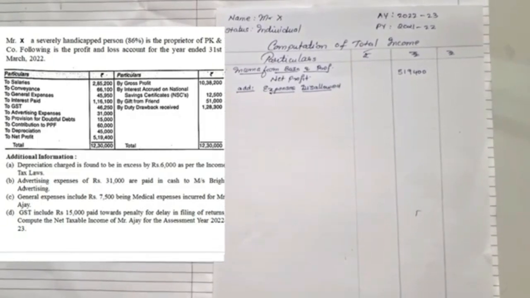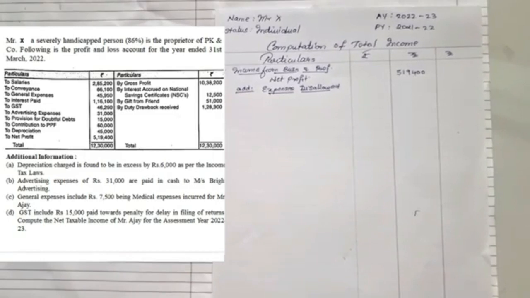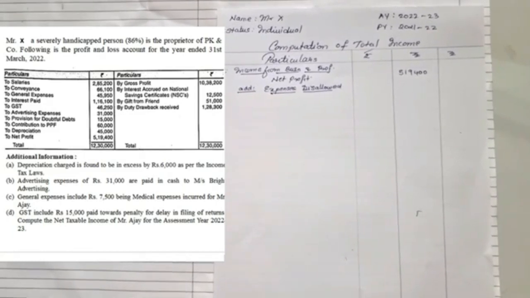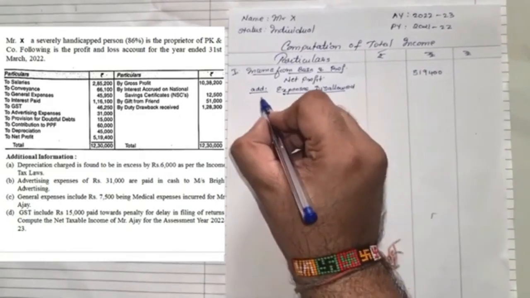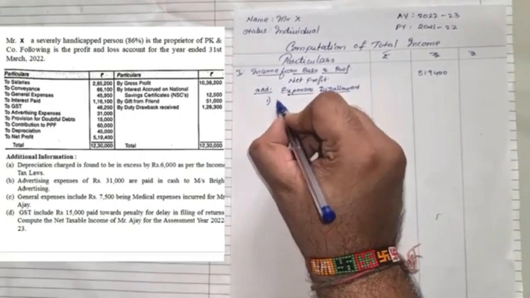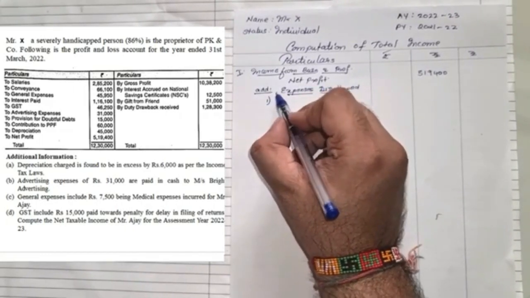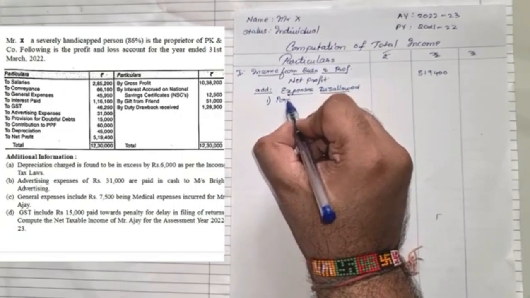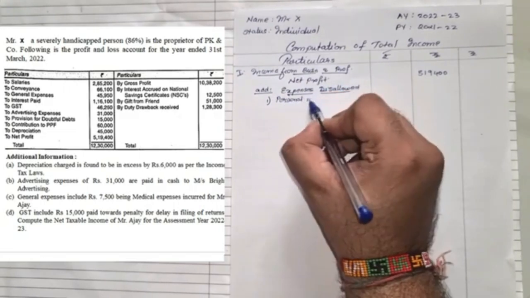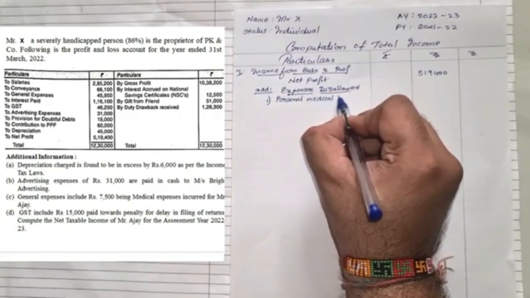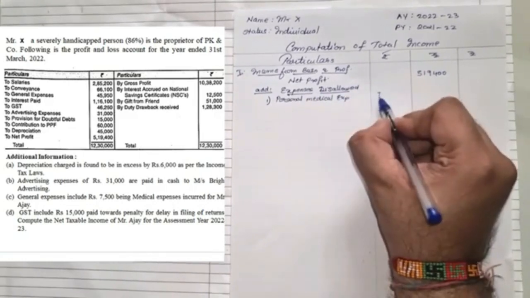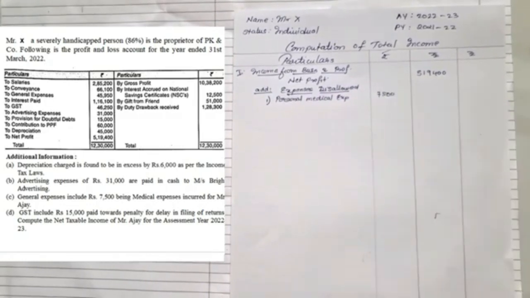Since it is personal, it will be disallowed. If it was for any employee, then it would have been a business expense, but since it's for himself, it is personal. So number 1, it will be for medical expenses. So personal medical expense amounts to 7,500.